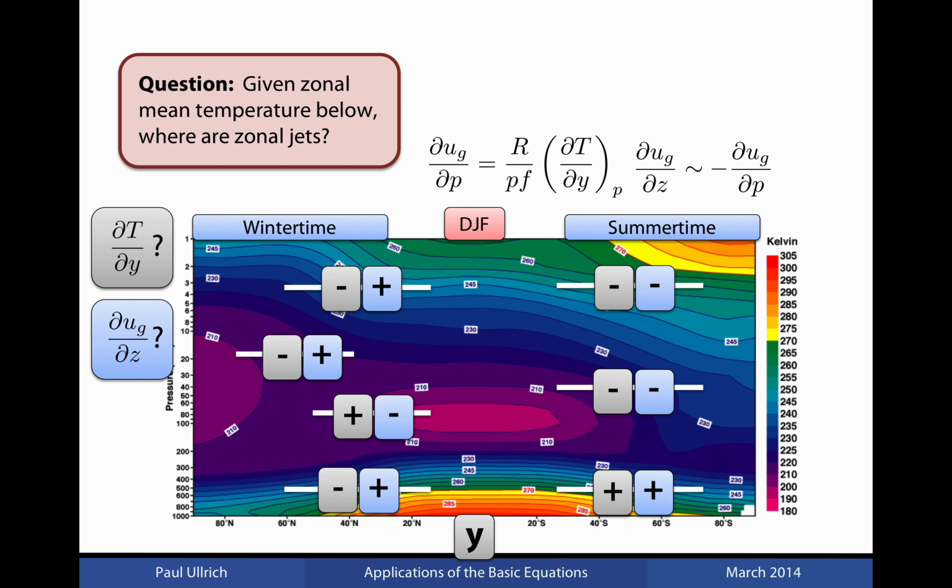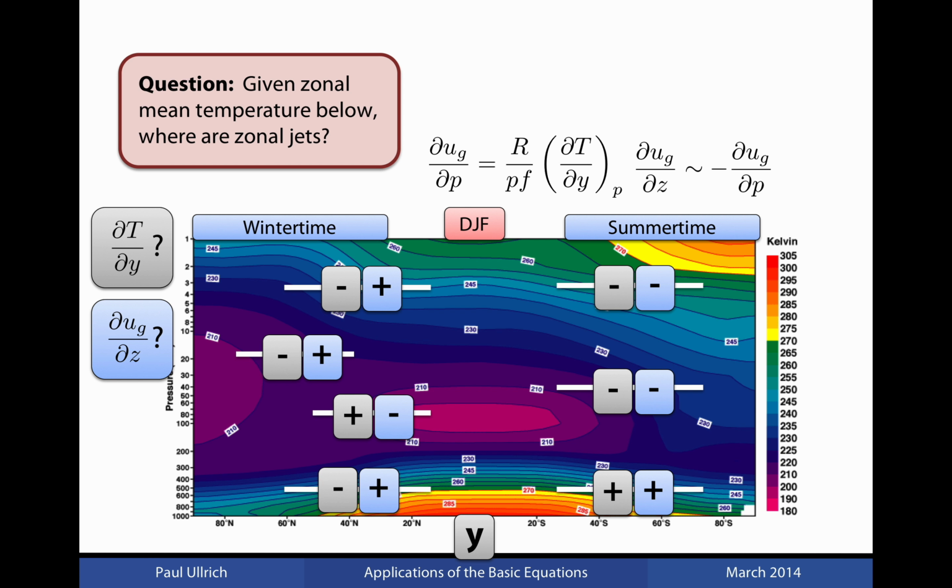In the southern hemisphere the picture is even clearer. We have that the geostrophic wind speed increases with altitude until it hits approximately the level of the tropopause, and then decreases through the remainder of the diagram, so through the remainder of the stratosphere.